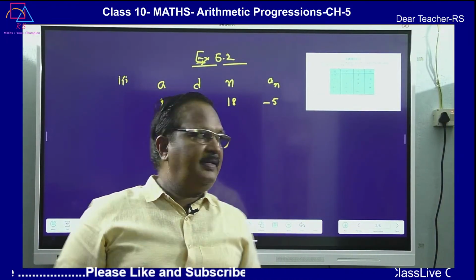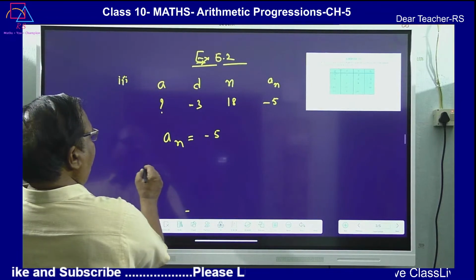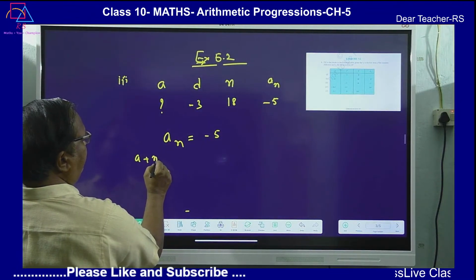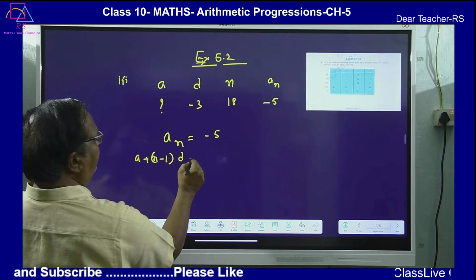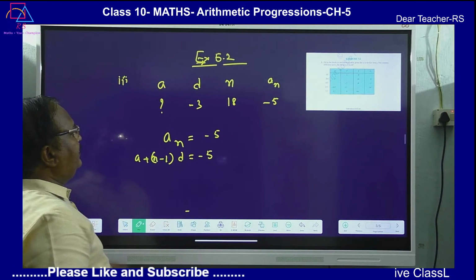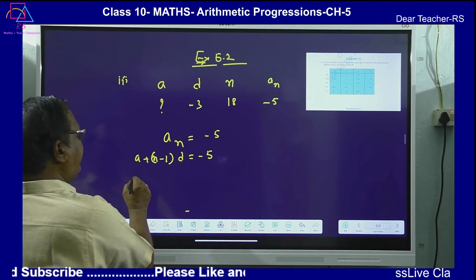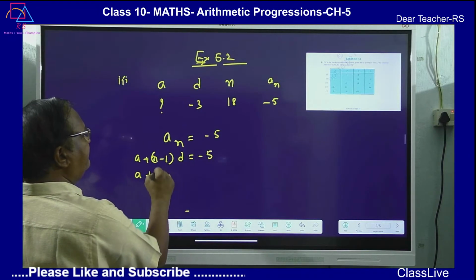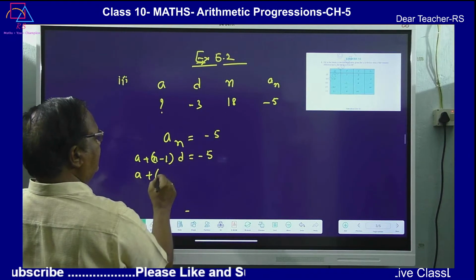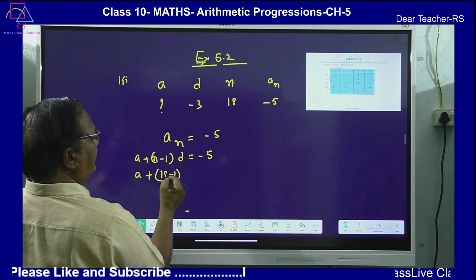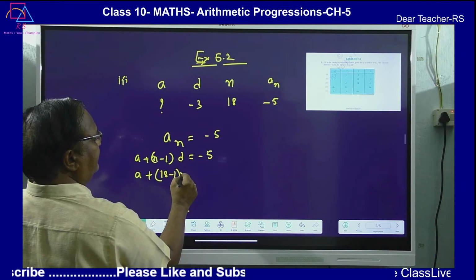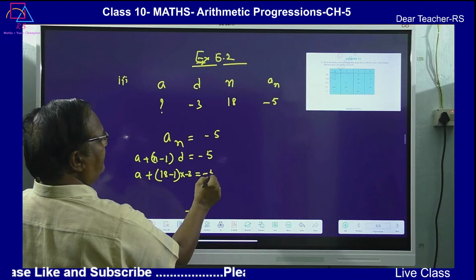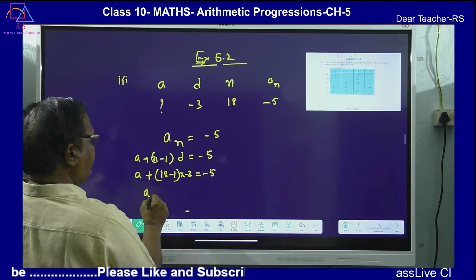I will clear it. Okay. So the an formula: a plus n minus 1 into d is equal to minus 5. Now a we don't know, keep a as it is. Rest of the things we know. n is 18 minus 1, d is minus 3, so into minus 3 is equal to minus 5. Keep a as it is.